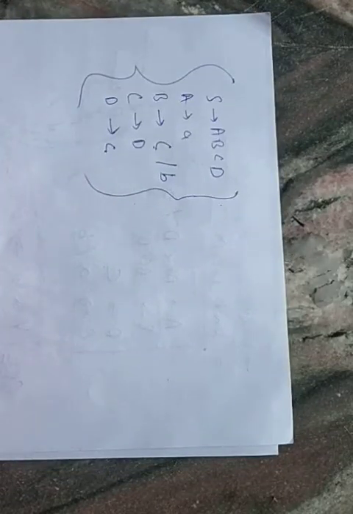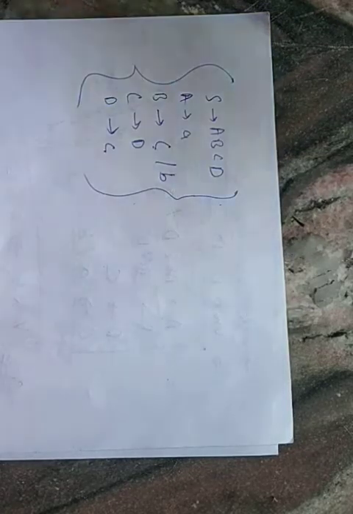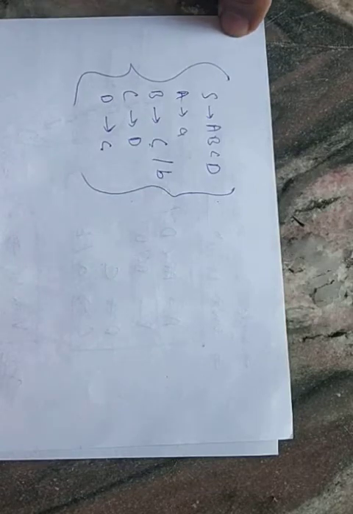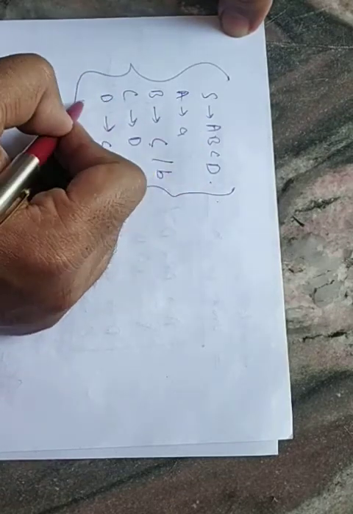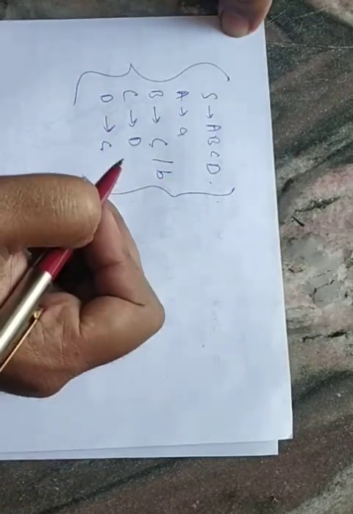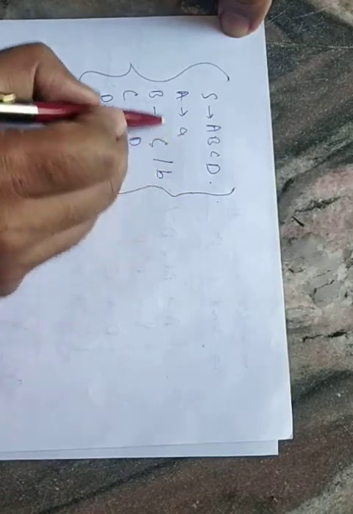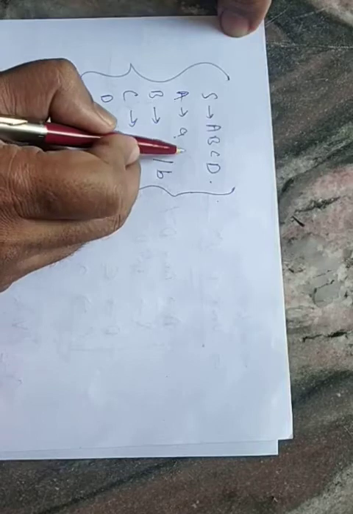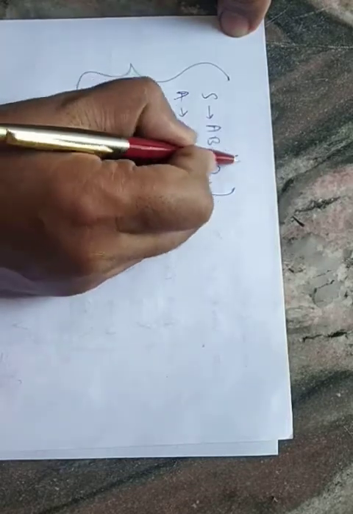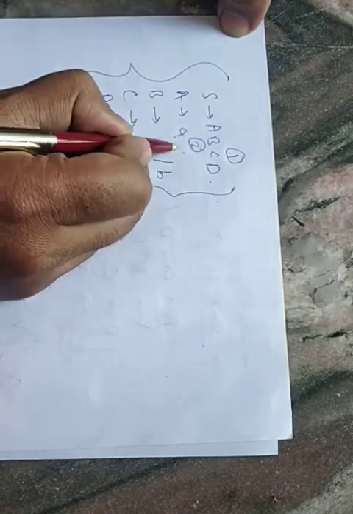Now the thing is, what are the different variables which are producing unit productions? S produces A, B, C, D. There is nothing like unreachable. A produces small a. This is not a unit production. So let's name it 1, 2.